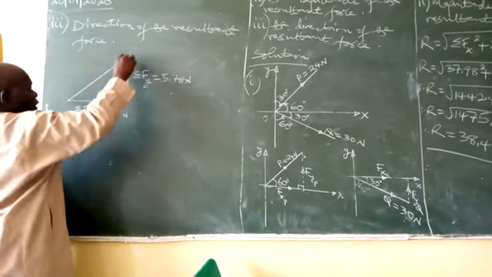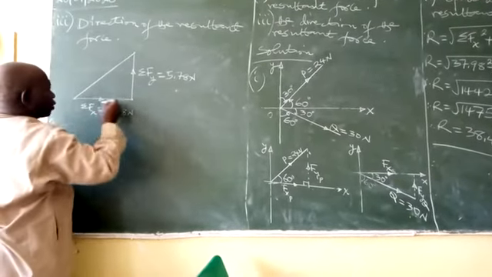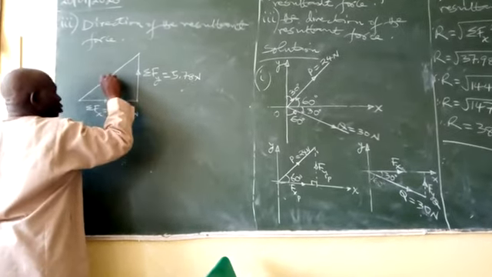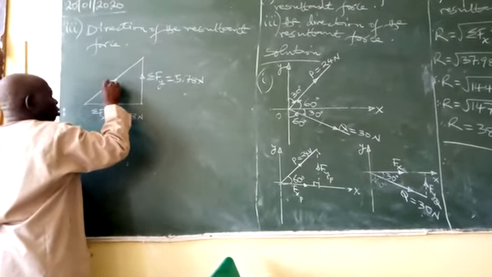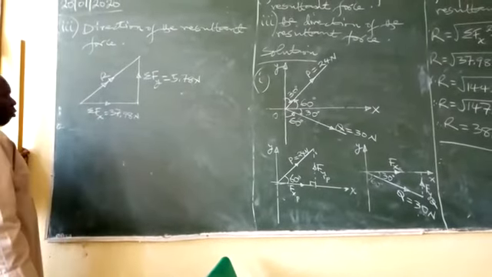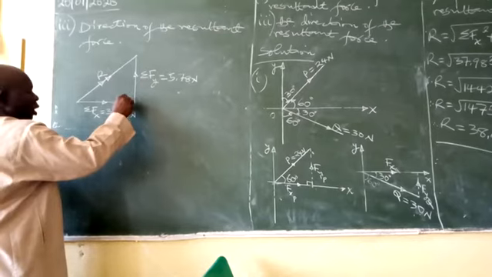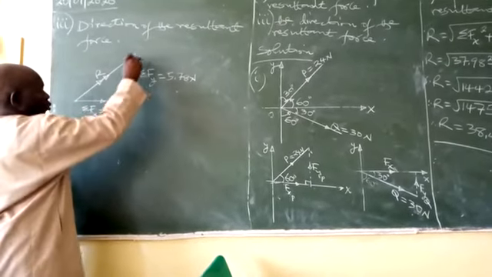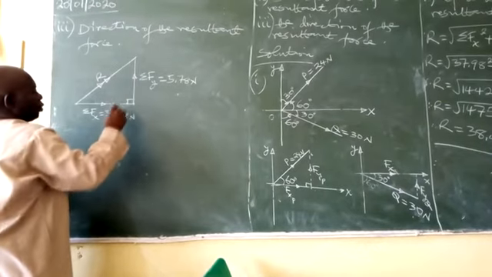It should be upward in order to nullify the effect of these two other vectors. This is the resultant vector. Summation F of x and summation F of y are at right angle to each other.